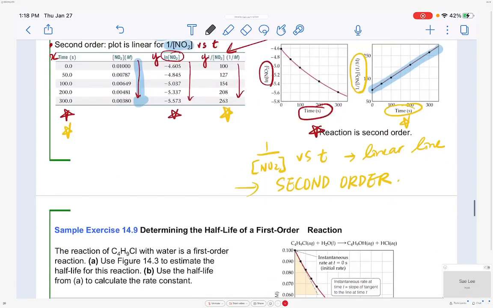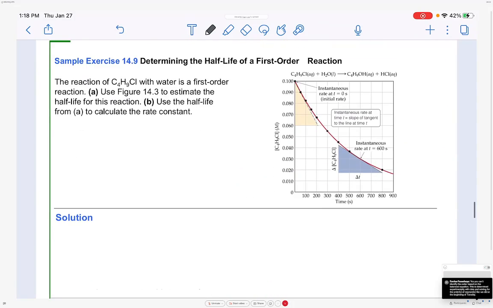So let's do a practice example exercise for the half-life of a first order reaction. This is a reaction of C4H9Cl with water, and they already told us that this is a first order reaction.